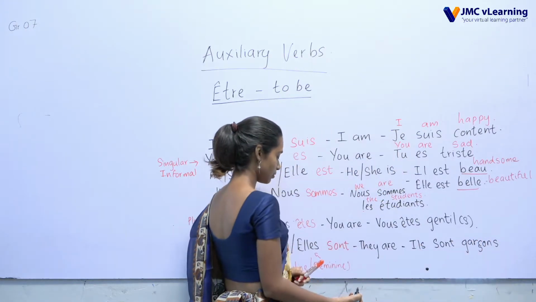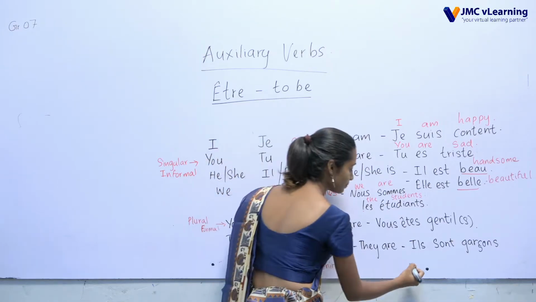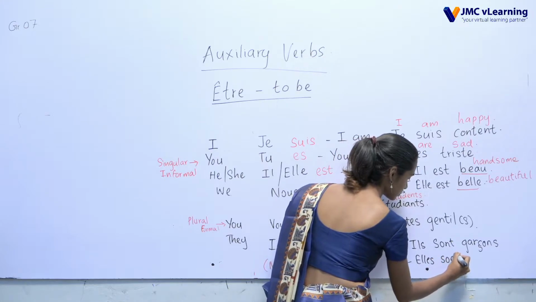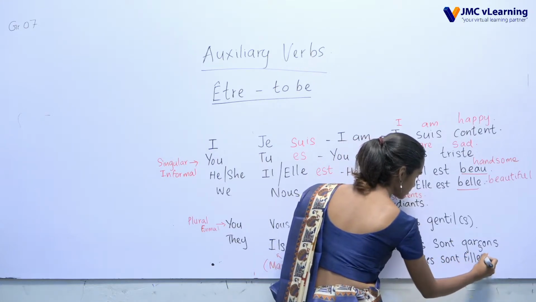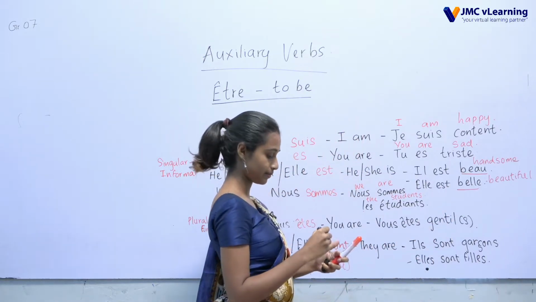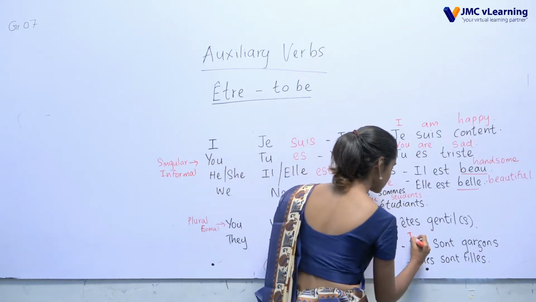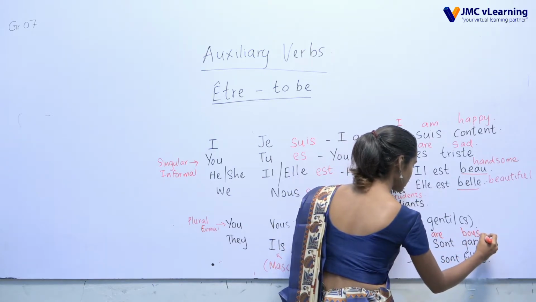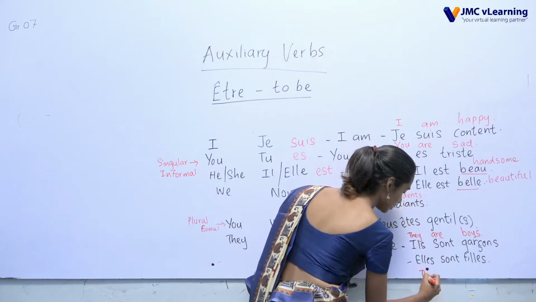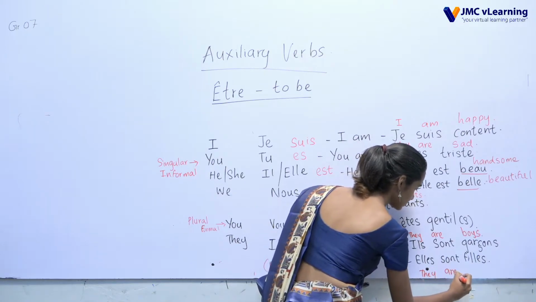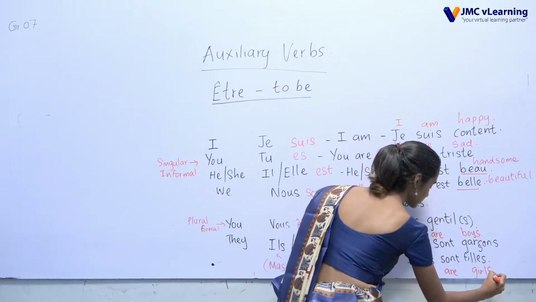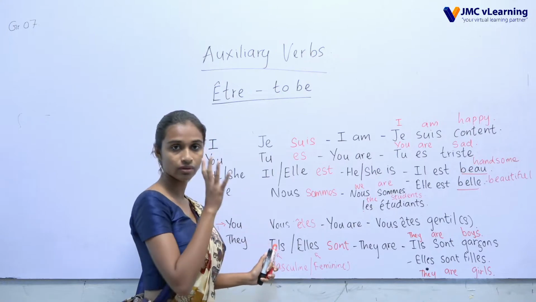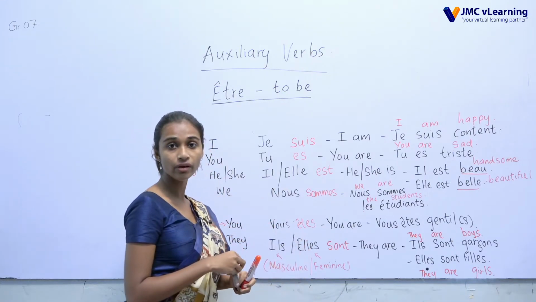For the feminine pronoun, they are girls: Elles sont filles. So ils is used for masculine form, elles is used for feminine form.